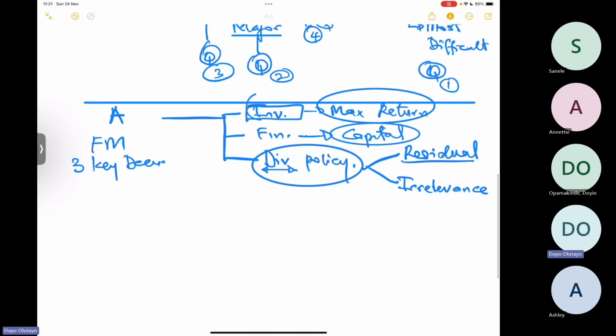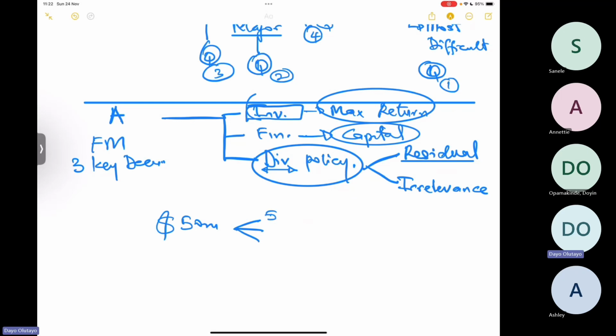What is residual policy? Residual policy is saying we're only going to pay dividend when we have exhausted all the available investment opportunities. Take for instance, if you make profit of 50 million, you're going to check what are the investment options.